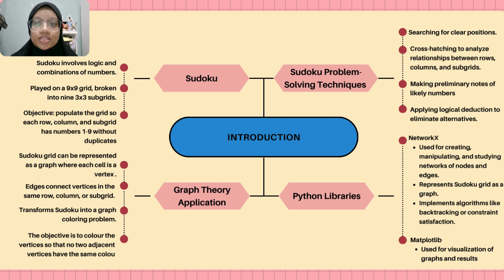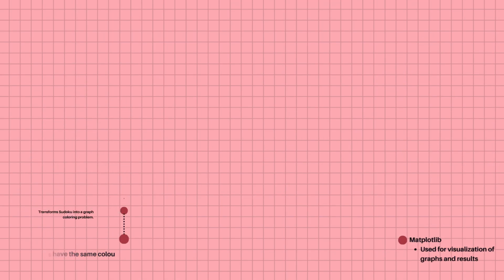Graph representation can be applied to implement algorithms such as backtracking or constraint satisfaction. It will be used to create and manage the Sudoku grid. As for matplotlib, it is used for plotting the graph for the visualization of the graph and the result.